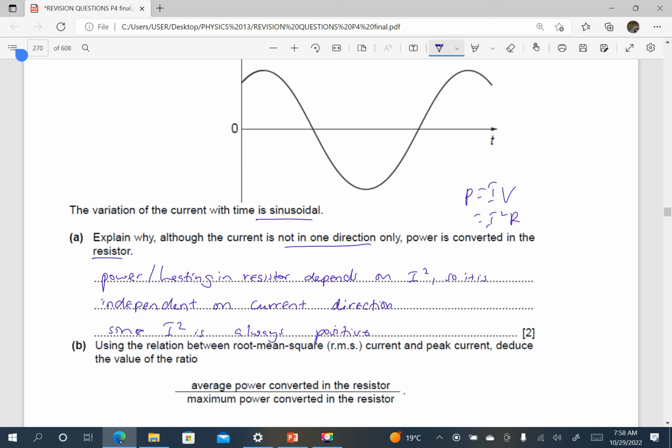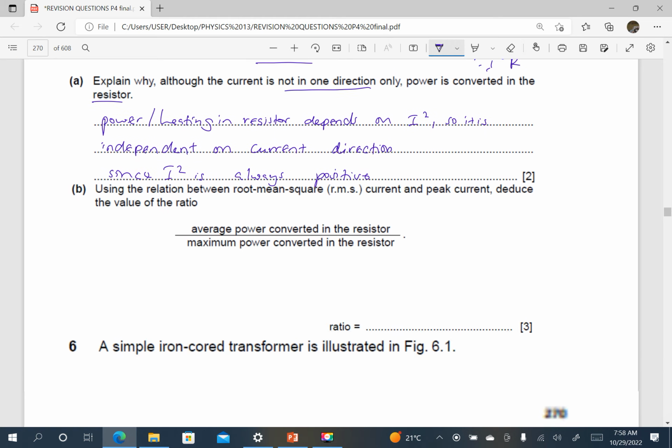Alternatively, we could say power is I times V, and I times V is always positive since they are always in phase. So power depends on I squared, so it is independent of the current direction since I squared is always positive, as simple as that.